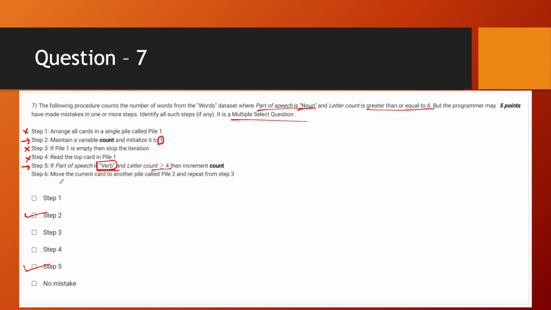Step 6 is quite standard, because it states that you have to move the current card to another pile called pile 2 and repeat from step 3, which is also a standard step. Which means we have 2 errors in this program, which are your step 2 and your step 5. So these are your correct answers.